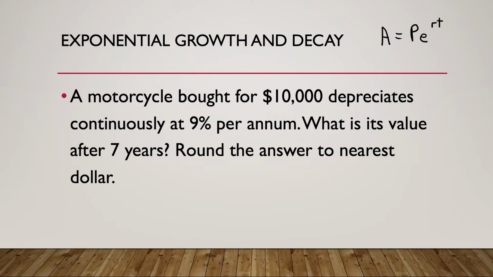All right, so when we have that formula, what you want to keep in mind is that the A is going to be your final value. We'll try to make some notes here. The P is going to be your initial value, so whatever you start with.